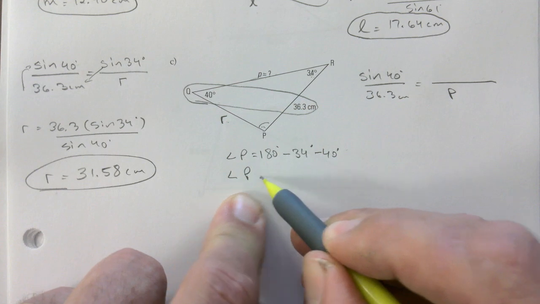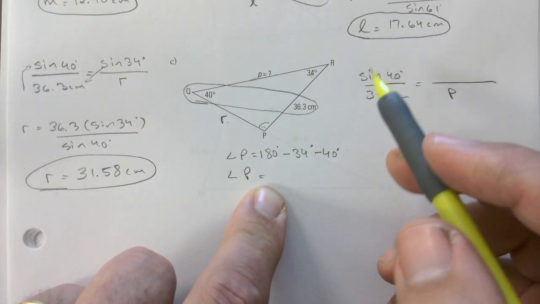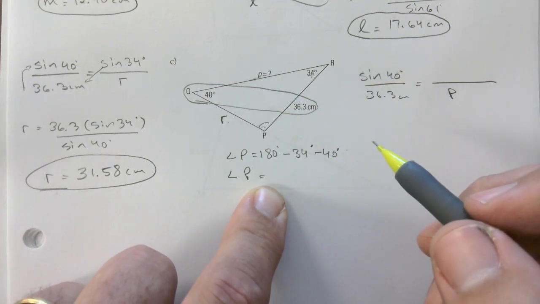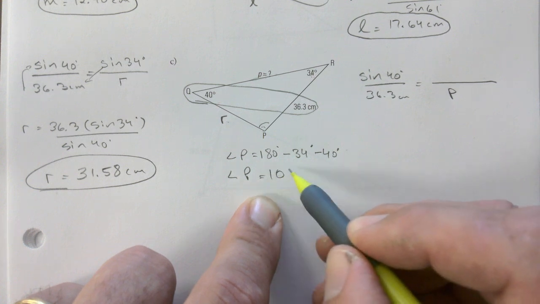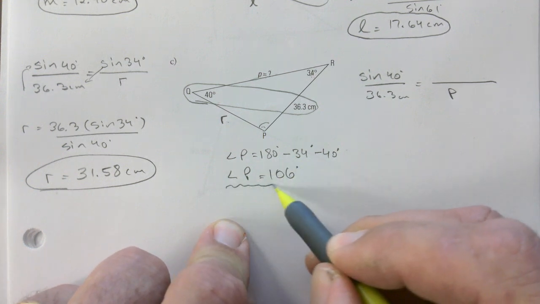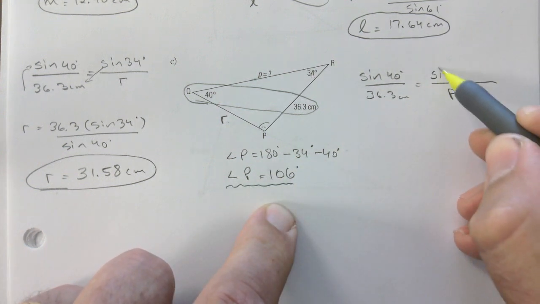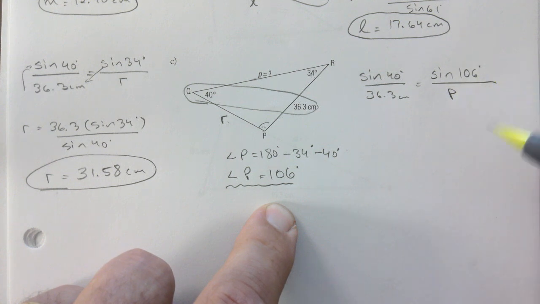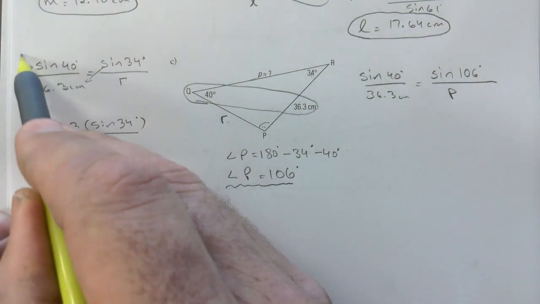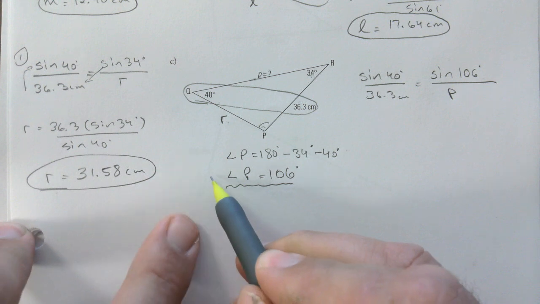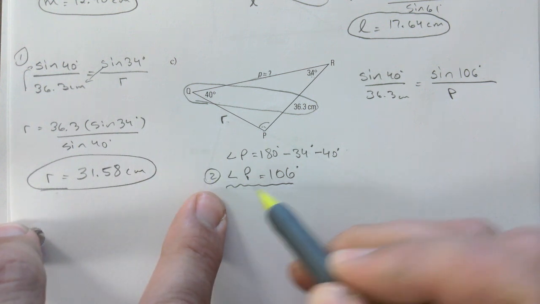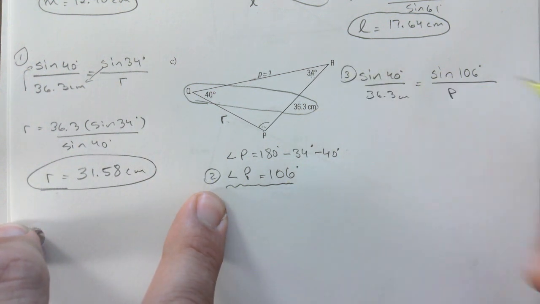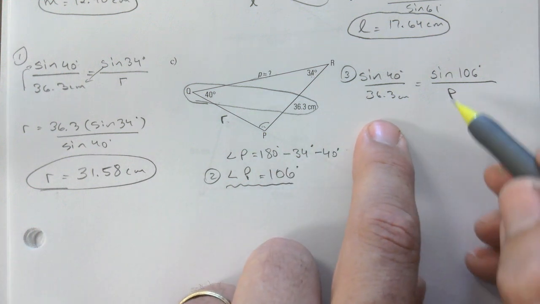And then angle P is going to be 106. Okay, I'm going to underline that because I'm going to need that here, sine of 106. So basically I did this first, then I did this next, and so this is my third step here.